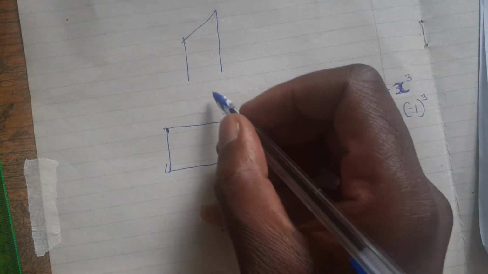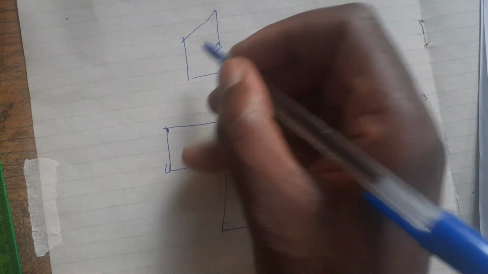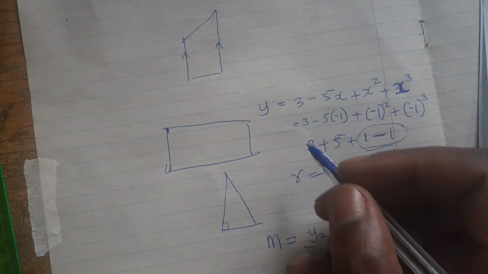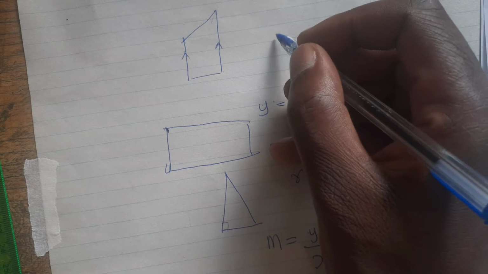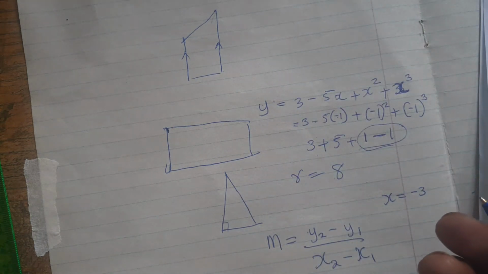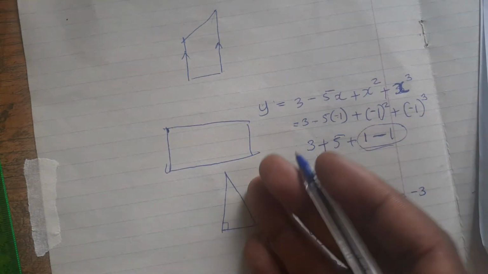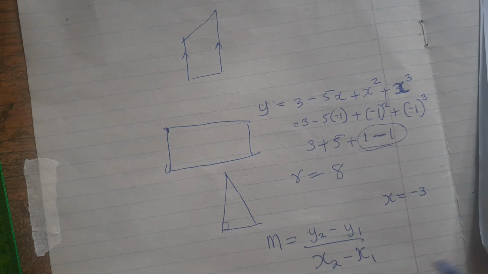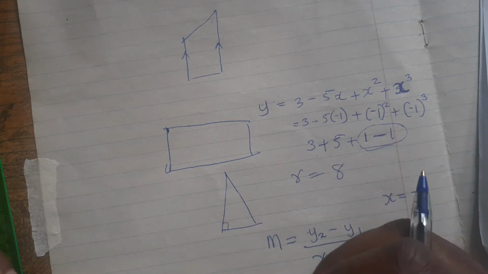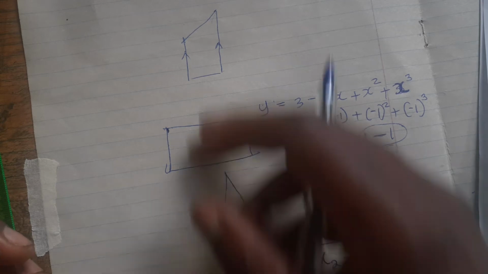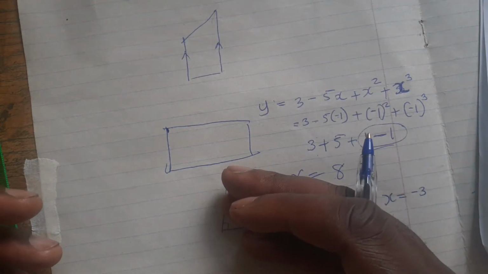You know what a trapezium is. You can also have two trapeziums, or two triangles and the like. So you need to find the area going by the shape that has been given.